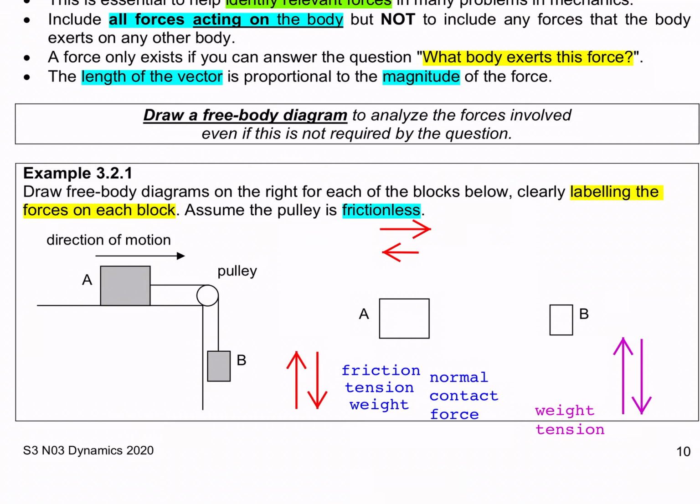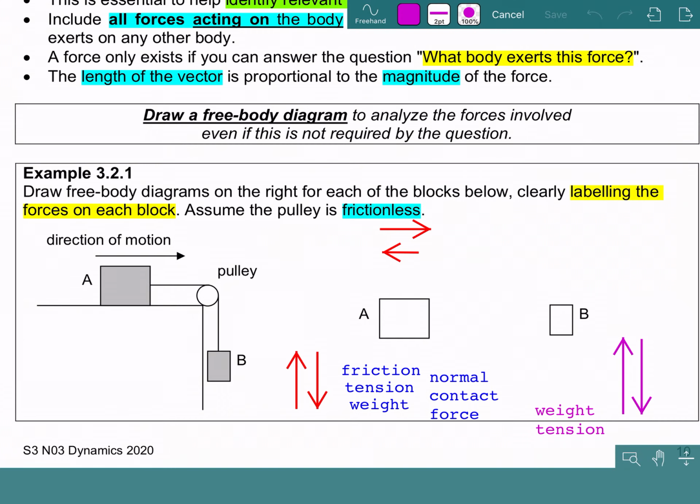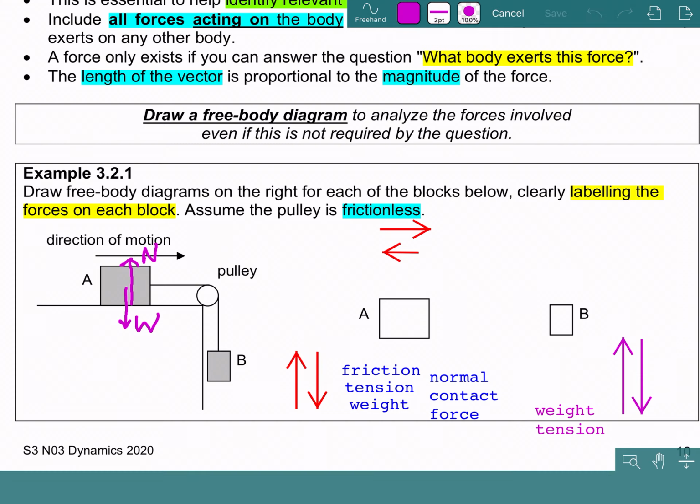Okay, first we draw a rough sketch of the forces that might be present on A and on B. For A, the first thing we expect will be weight, right? And of course there'll be a normal contact force, equal and opposite in magnitude, that keeps it at rest. We also will have two other forces.